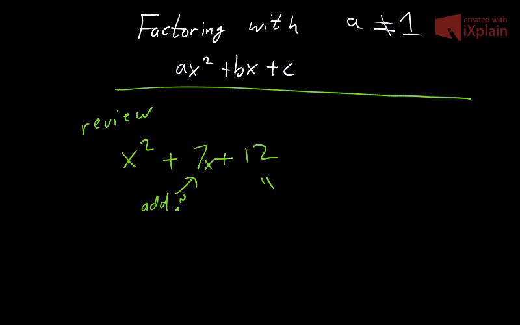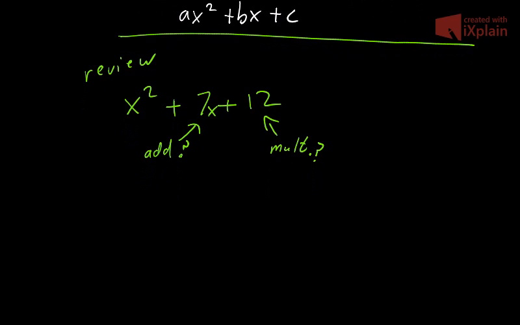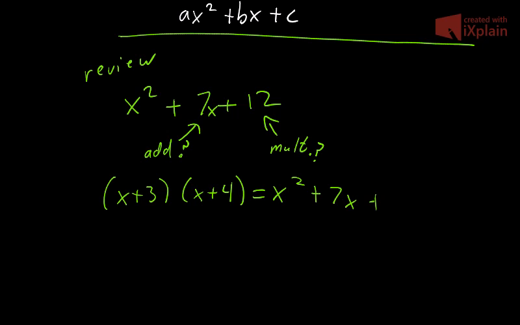And also look right here and ask myself what I can do to multiply to this number. So I need two numbers that add to 7, multiply to 12. A little bit of thinking there, I can figure out that 3 and 4 add to 7, multiply to 12, and I'll get x plus 3, x plus 4 equals x squared plus 7x plus 12.